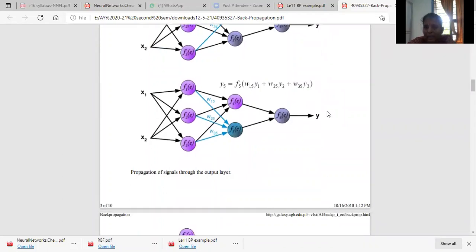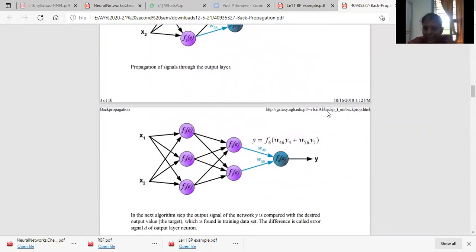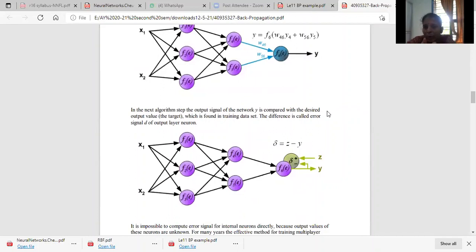After calculating your y6, you need to verify whether the output signal of the network has achieved the desired value or not, whether it is matching your desired value or not. That is, you are calculating delta. The difference is called the error signal.